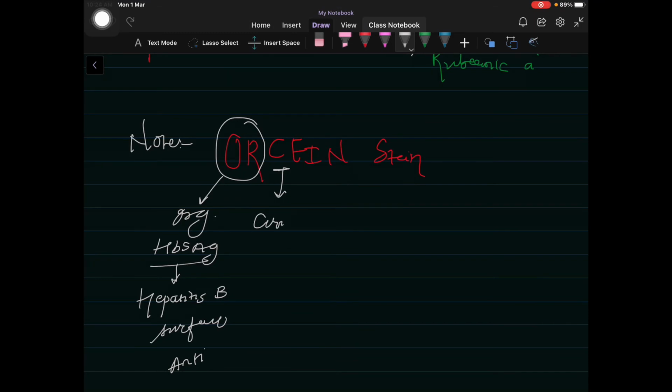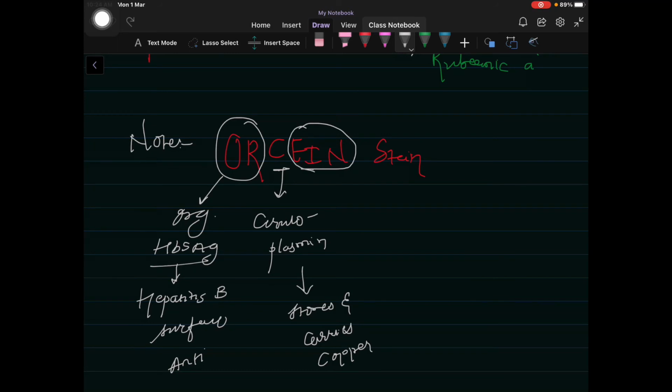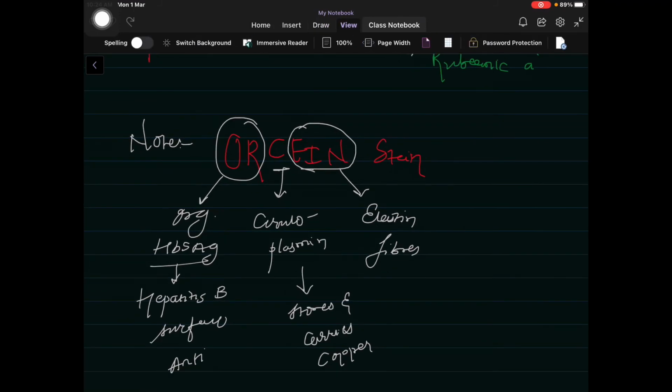Then C for ceruloplasmin. It is a type of protein which stores and carries copper, which helps in the identification of Wilson's disease. And the last three letters, EIN, are for the elastin fiber. Copper can accumulate in the elastin fibers too.